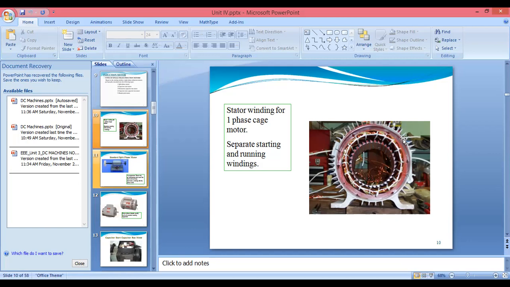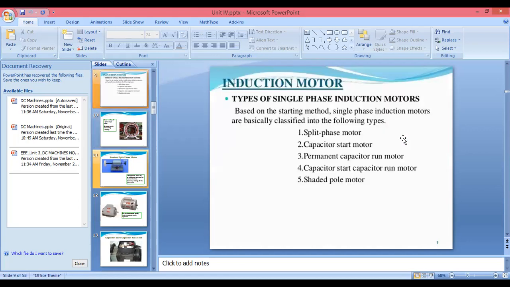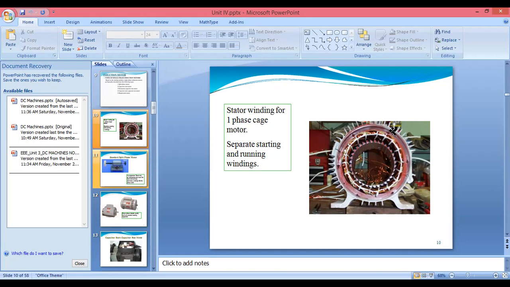That unwanted current we call eddy current. So if we are using the stator core, which is inside the stator frame, it will reduce the loss, the eddy current losses.